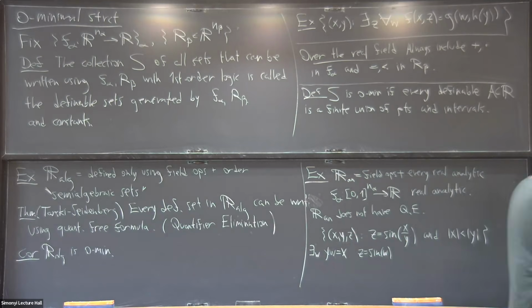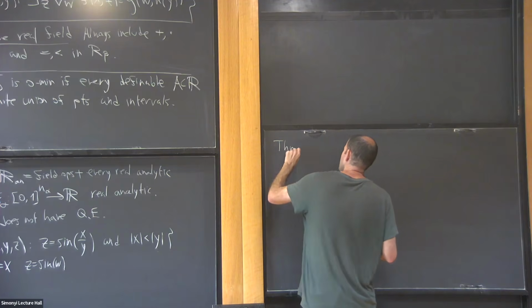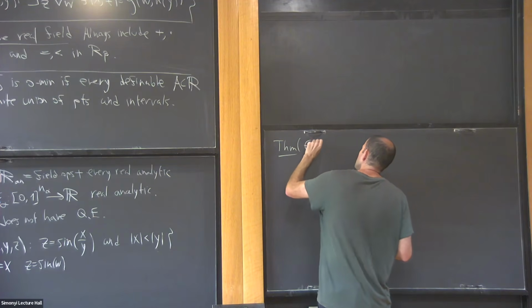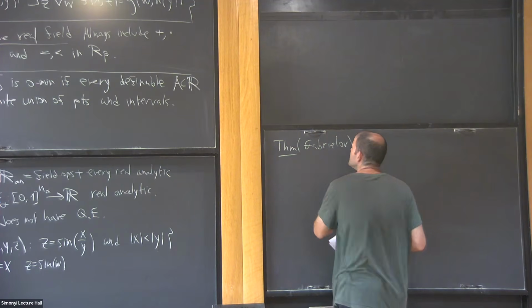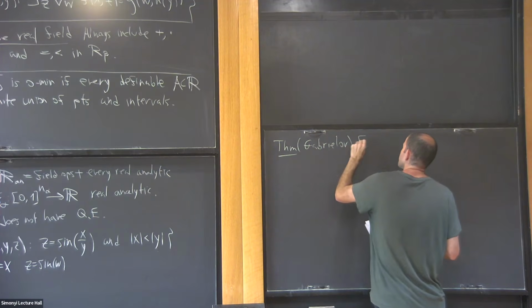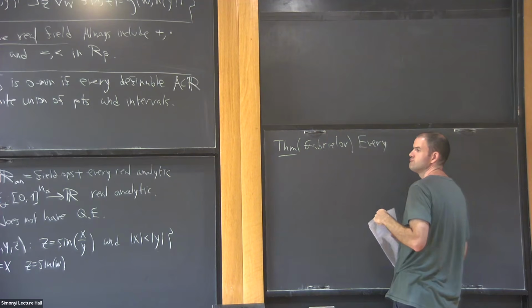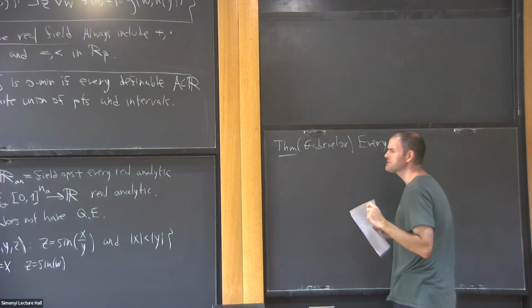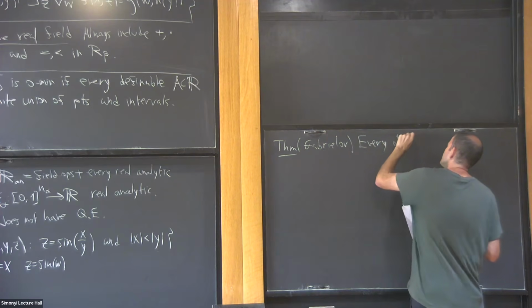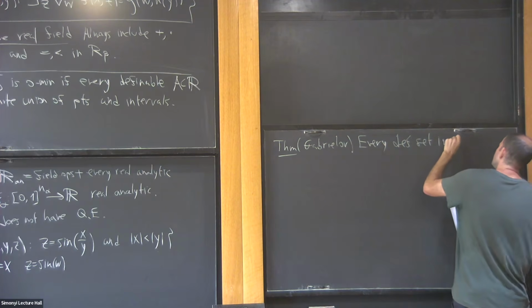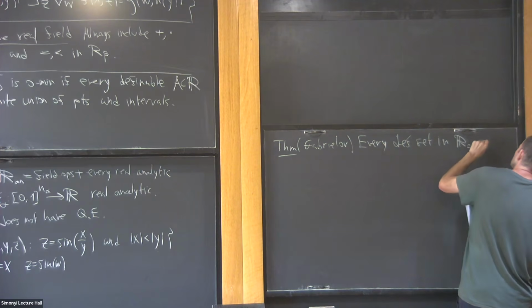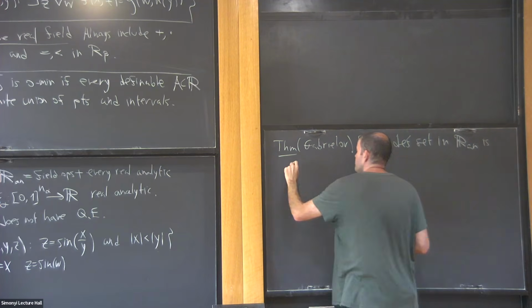Okay, so let me just state the theorem. It was kind of a conjecture, but it was proven by Gabrielov. And the theorem is that every definable set in R^n is given by existential formulas.